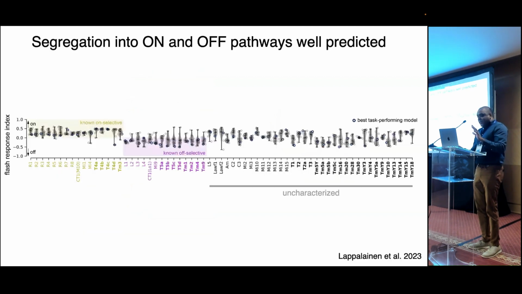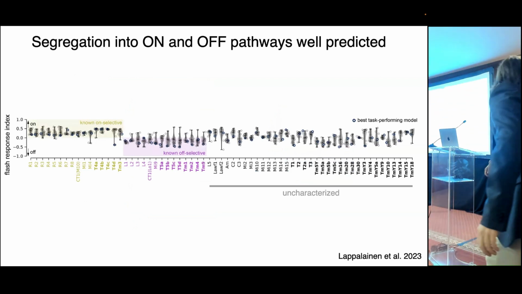Okay, so what we also did was we trained 50 models, not just one model. And here's all 64 cell types. Only half of them have been experimentally characterized.